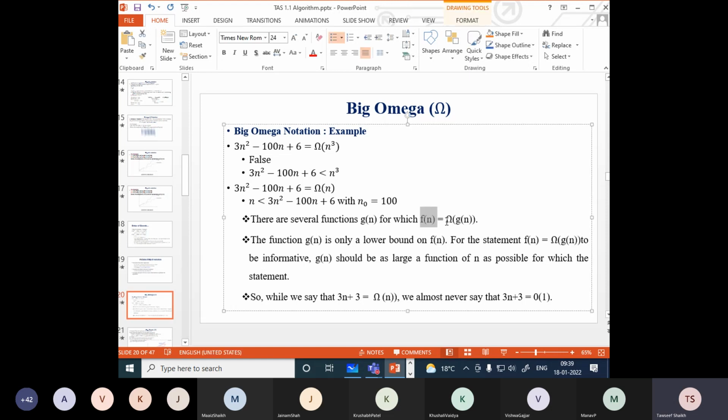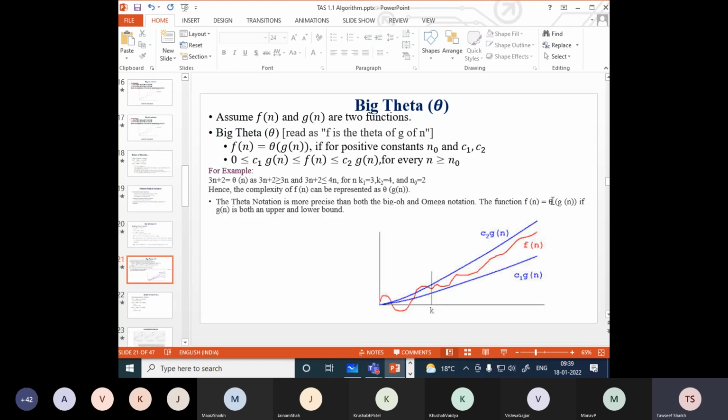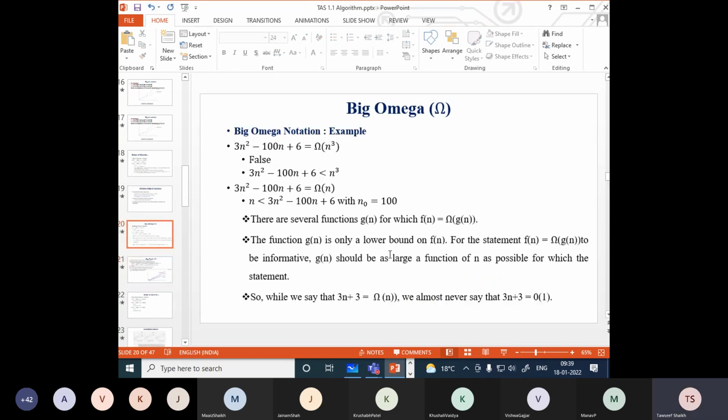Then which one do we have to take? The function is only a lower bound. So for the statement f n equal to omega of g n to be informative, g n should be as large a function of n as possible.